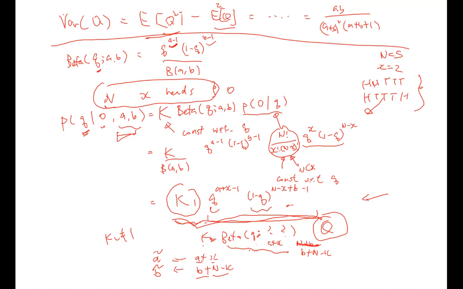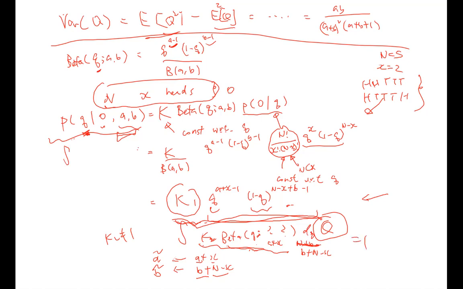I can do that because, even though I have all these constants, if I look back at my original term, this is really a distribution over q, so it should normalize to 1. If I integrate over the entire q space, from 0 to 1, I should get 1.